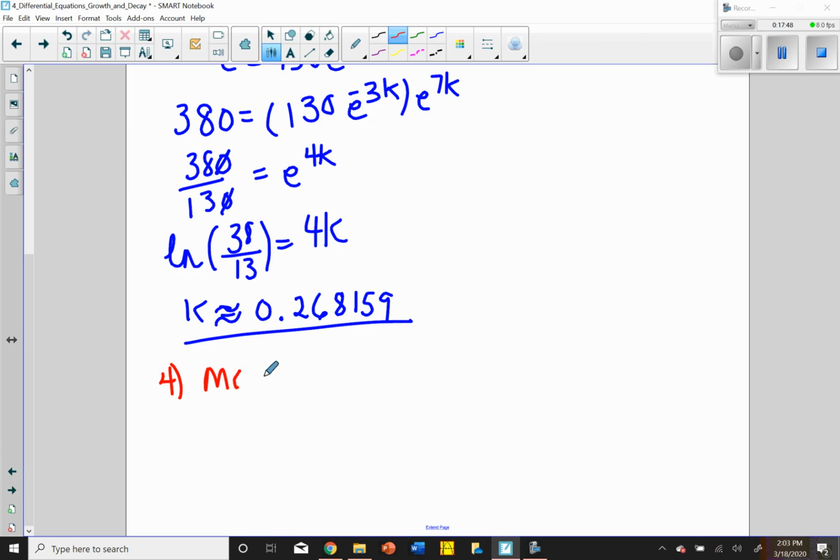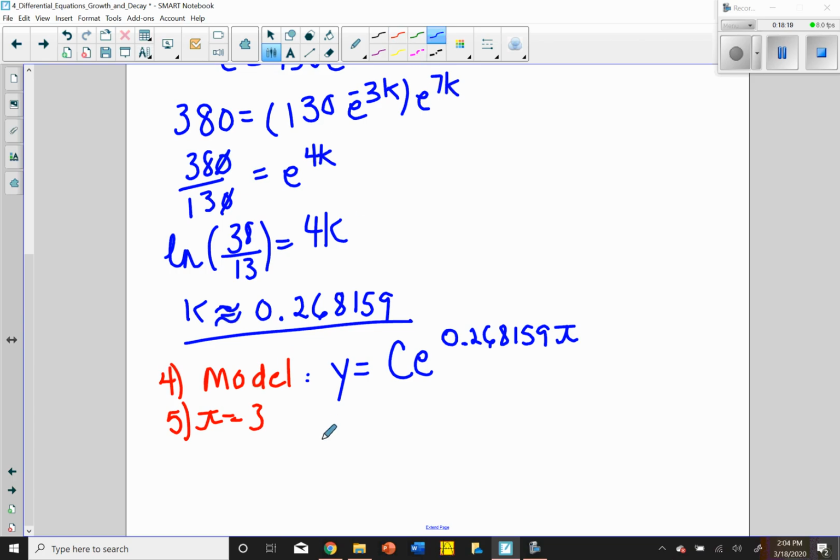So here's our model, which is y equals C e to the 0.268159 t. And when t equals 3, we have 130. I'm pulling that from a previous equation.